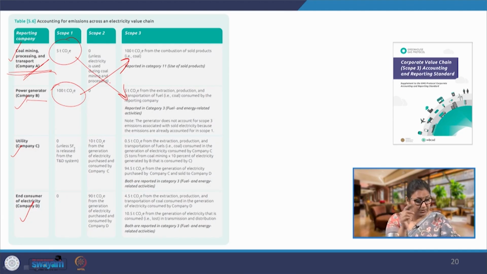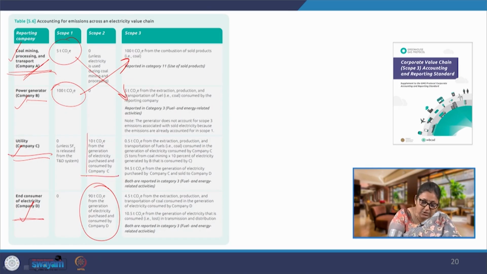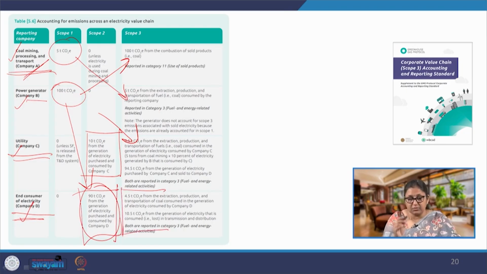In this case the utility company is not using the electricity that it is purchasing, the 100 tons here. The scope 2 is only from the emissions accruing from the energy consumed in the facilities of this utility company, and the rest is also going in scope 3 for this company. For the end user, because he is consuming this, it is going to be scope 2 and the rest is going to be scope 3.